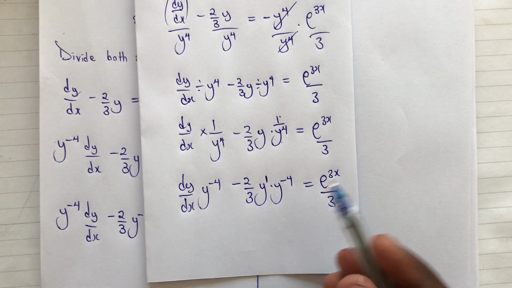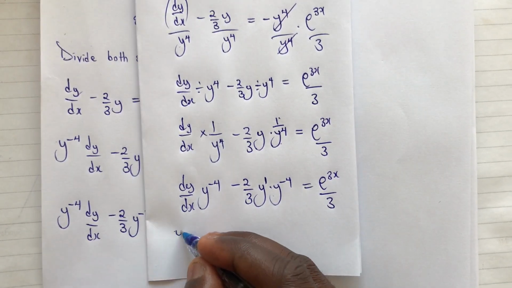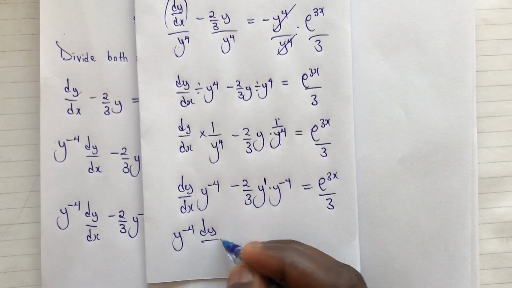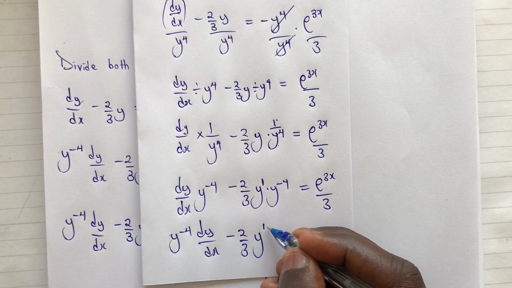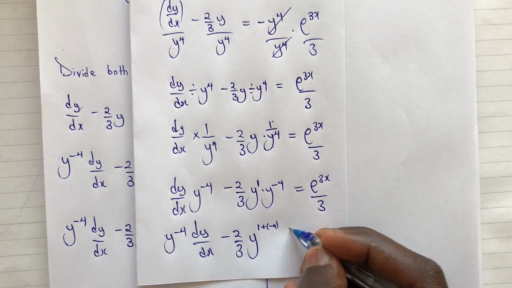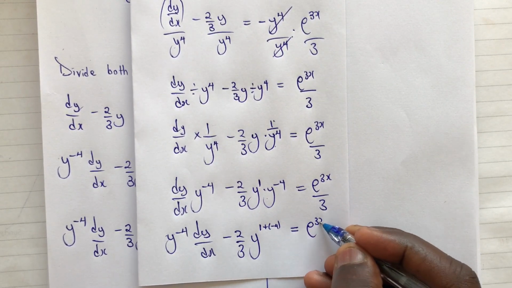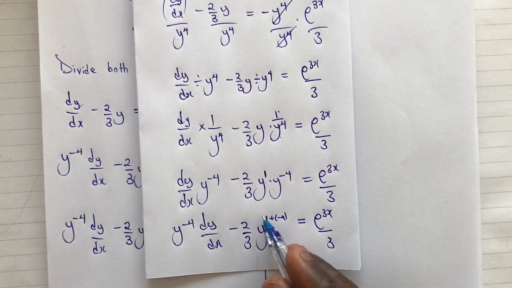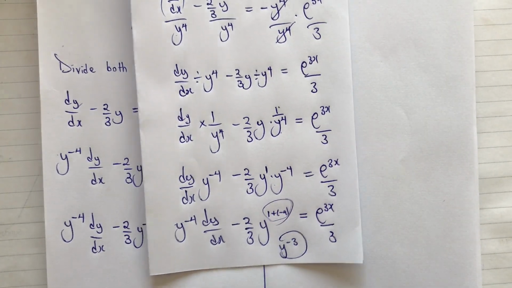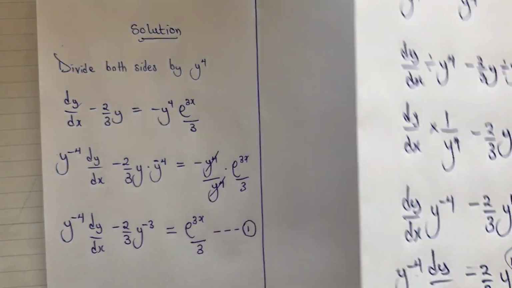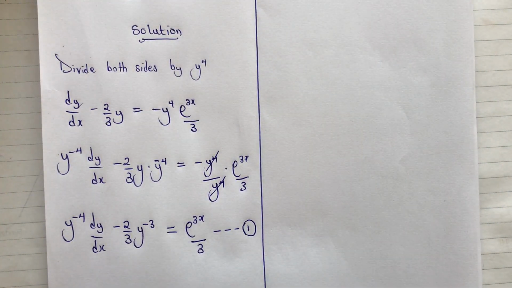So you take one base, you add the powers. So you're having y^(-4) dy/dx minus 2 over 3 y to the power 1 plus minus 4, giving you e^(3x) over 3. This side is going to give you y^(-3). So that was how we got this. Let's move on. I guess you got it now.